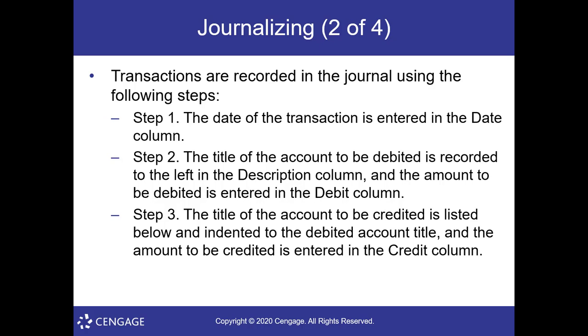We then record the account that is going to be debited to correctly categorize and record this business transaction, and we indent the credit. So the debit will be left justified, and the credit will be indented just slightly.